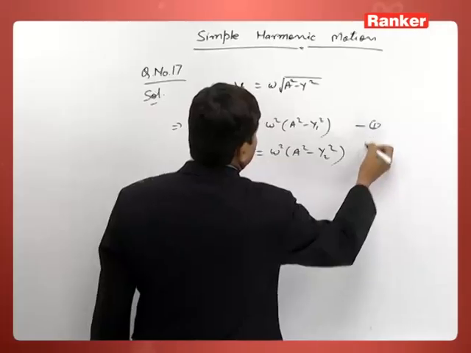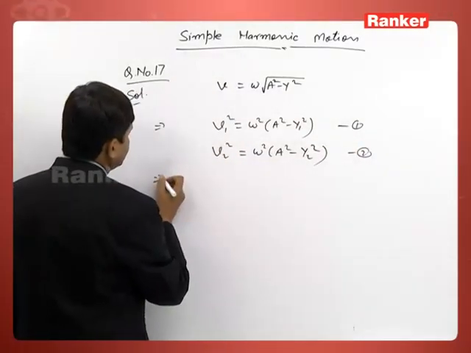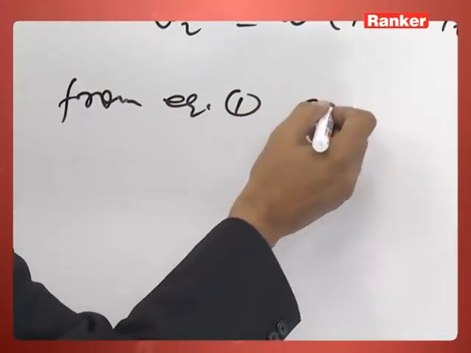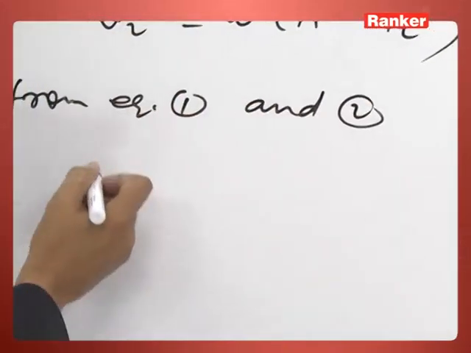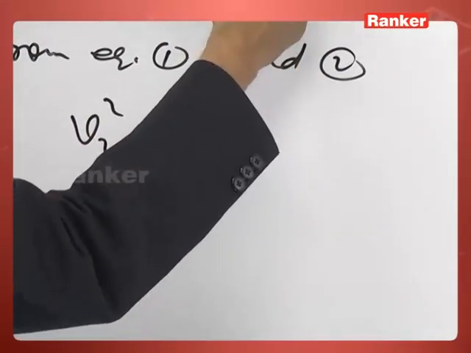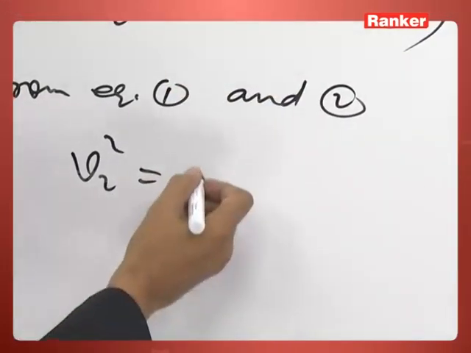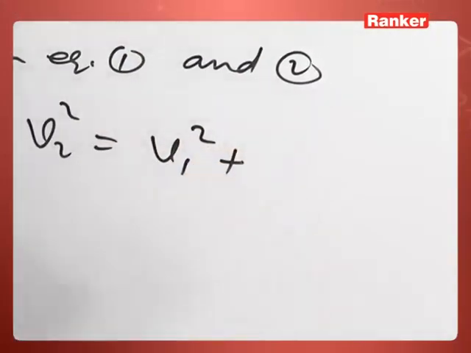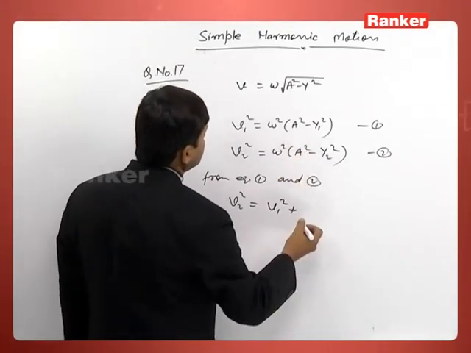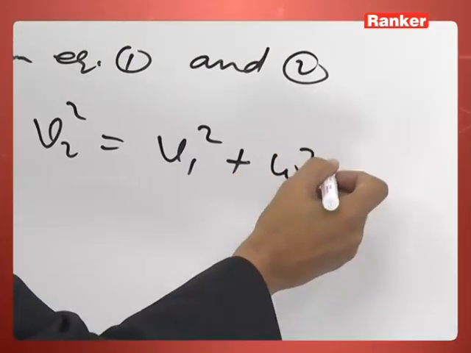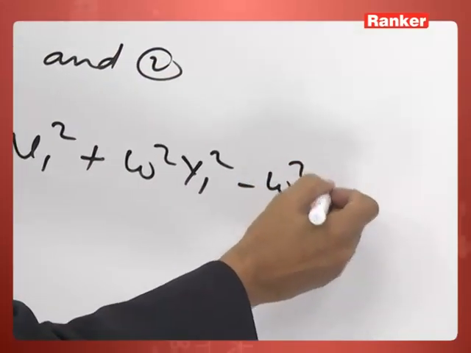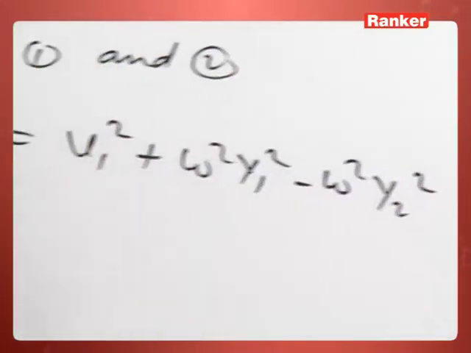See, from equation 1 and 2, v2 square is equal to omega square a square, which can be written as v1 square plus omega square y1 square minus omega square y2 square.